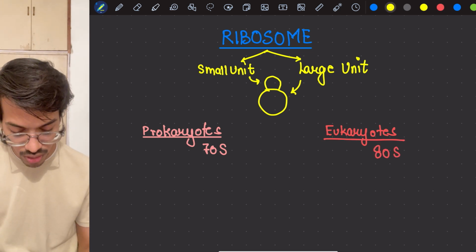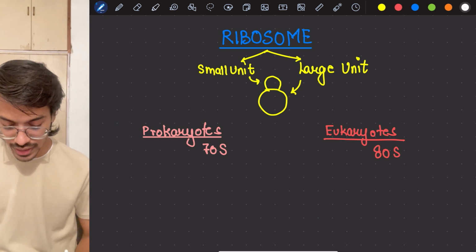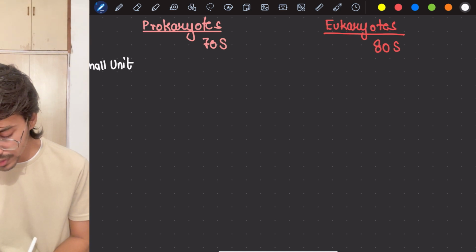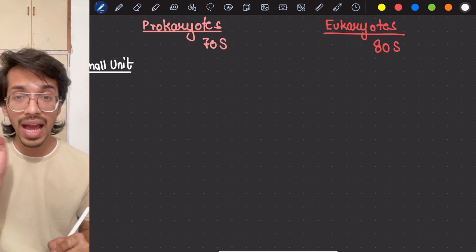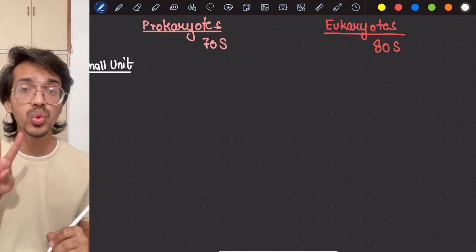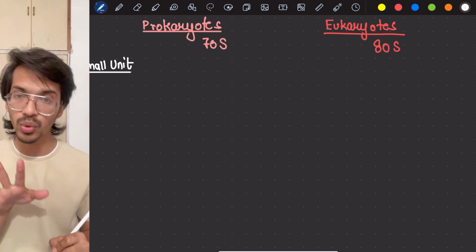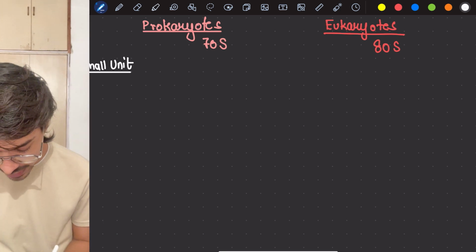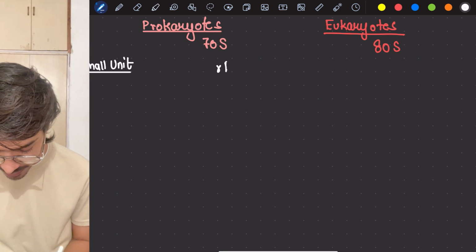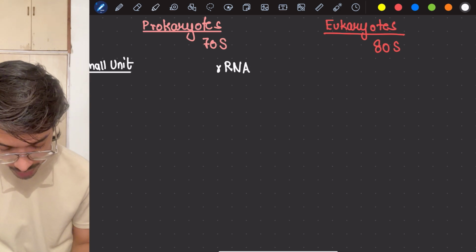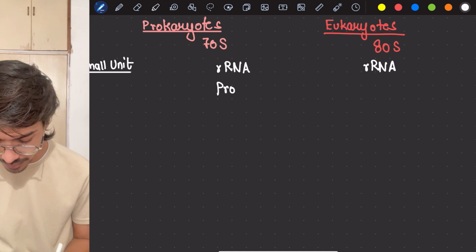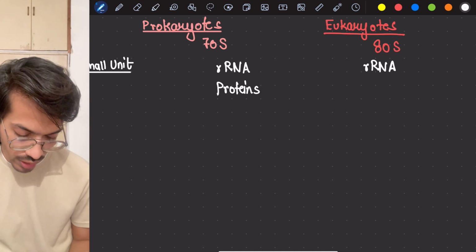Now let's come to the important point: the smaller unit and the larger unit. Let's first talk about the smaller unit. Always remember, the smaller and the larger unit are each made up of two things: rRNA and proteins. How many proteins are present, this also we have to remember. So we will write that rRNA is present here, and here also rRNA is present. Then a number of proteins are present here, and here also certain proteins will be present.